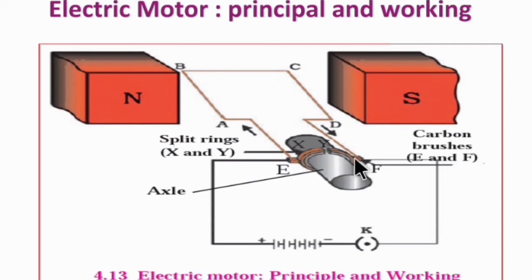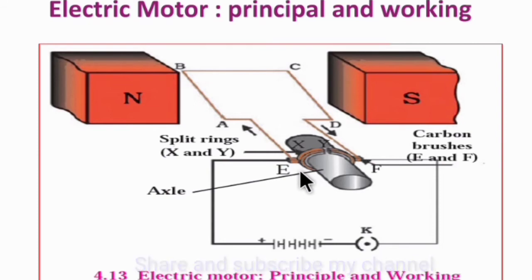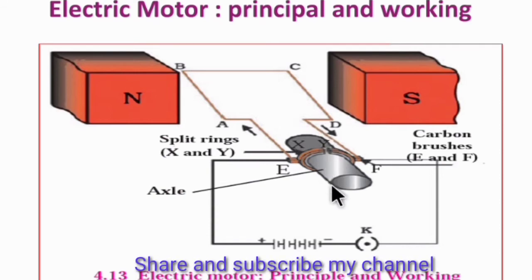The two halves of the ring have a resistive coating on their inner surface. The inner surfaces have a resistive coating and are fitted tightly to the axle. Here is the axle. The two halves of the split ring, X and Y, have their outer conducting surface in contact with two stationary carbon brushes E and F respectively.